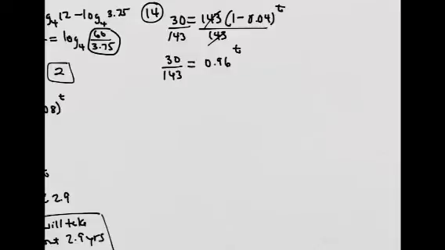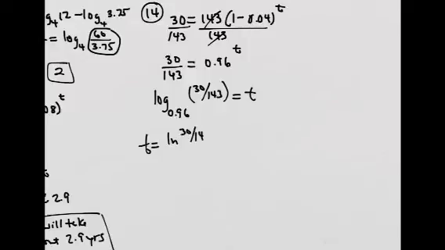So then you say log base 0.96 of 30 over 143 equals t. So for t, you would say natural log of 30 over 143 over natural log of 0.96.